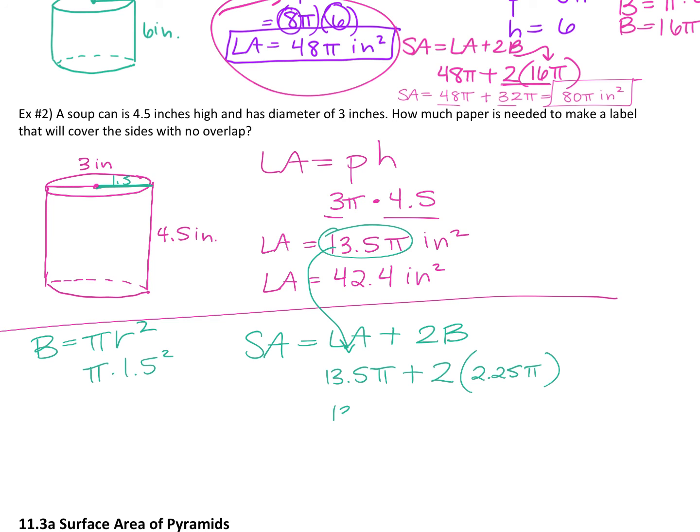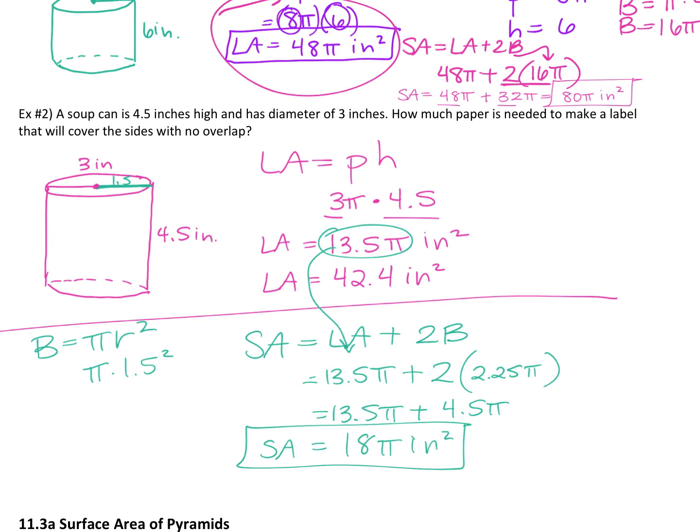So this is 13.5 pi plus 4.5 pi. So when we simplify that, you get a surface area of 18 pi square inches. Okay, so if it's in terms of pi, that's what you would do. If it's rounded, then you just plug the pi in. But a lot of the time, it's in terms of pi.